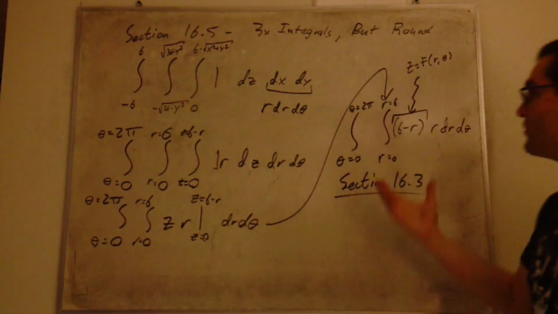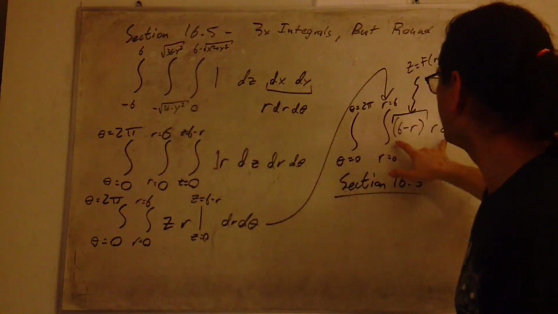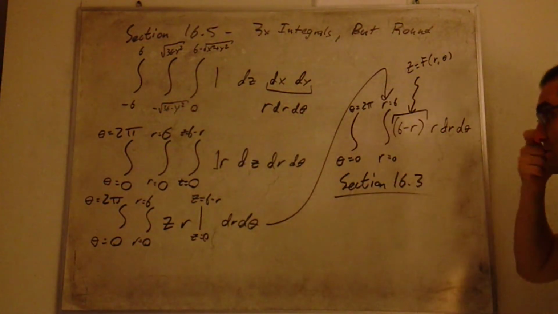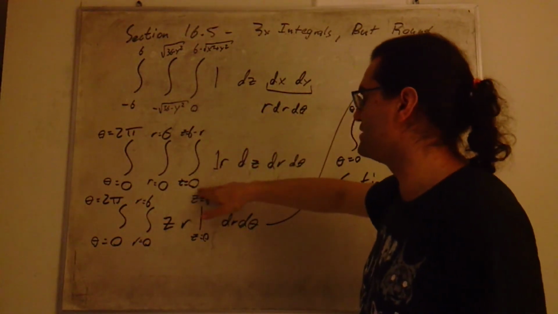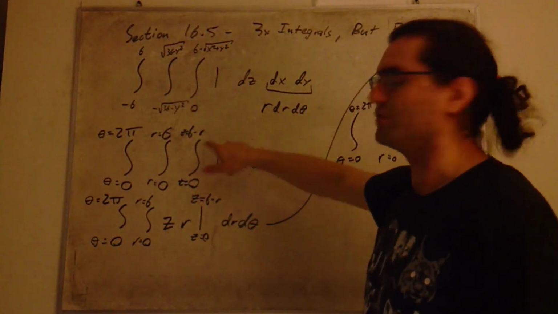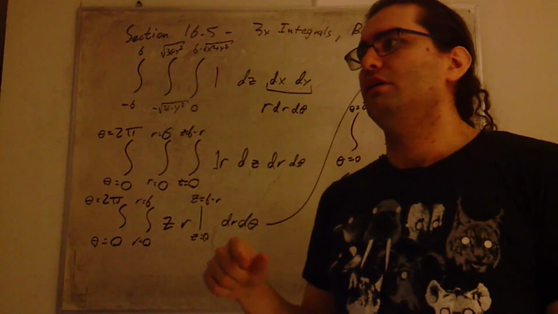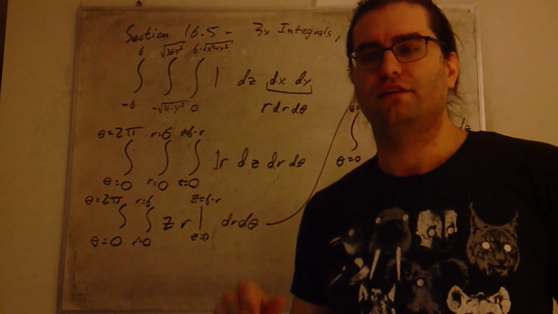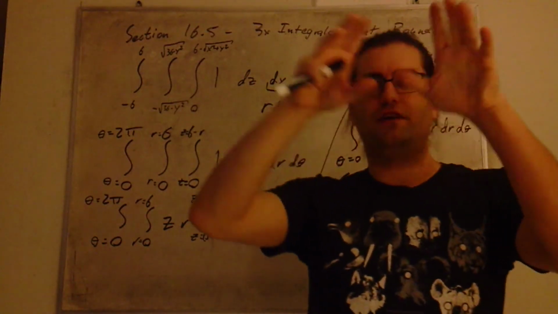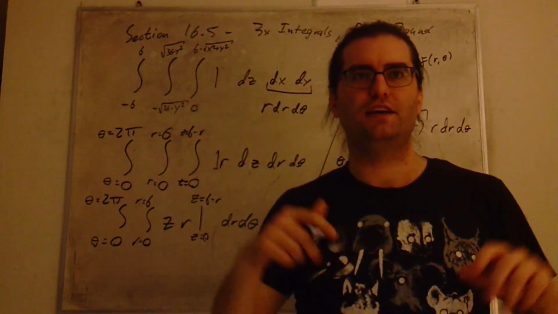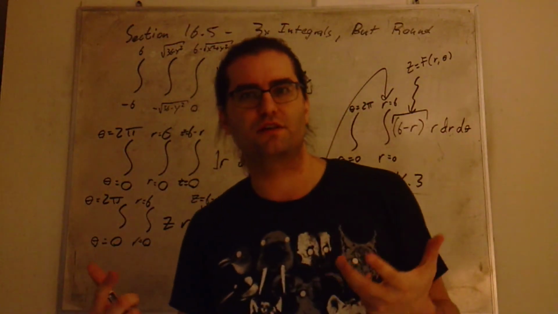The other reason that we would do this is this only collapses into a double integral in polar coordinates when the bounds on z start at 0 and go up to a function. Hopefully you remember from the homework in section 16.3 that there were a lot of these island problems where they would contrive a weird shape like e to the negative x squared plus y, or e to the negative x squared minus y squared, something like that.